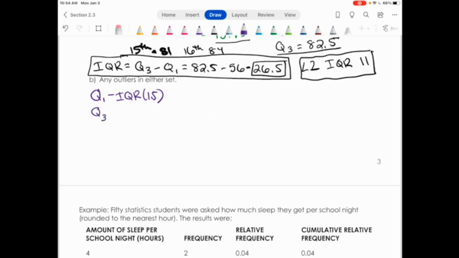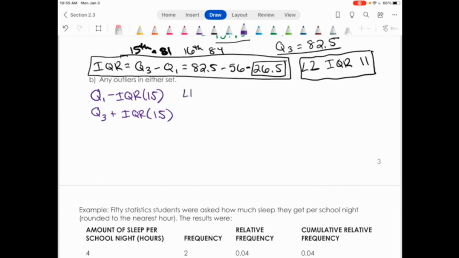And then if you want to look to see if you have any data values that are way bigger than your other data values, you can find your Q3 and add your interquartile range times 1.5. So we're going to do this and check to see if there's any outliers in any of those two data sets.